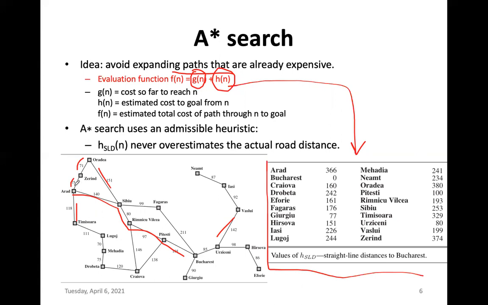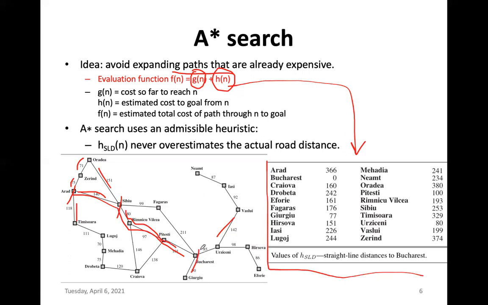So the idea is basically this one. For example, you are going from Arad to Bucharest, and if you have reached from Arad to Sibiu, then this is the actual cost. After Sibiu, if this is the path, then there are actual costs g(n), but we have to go through this node n to Bucharest, which is a goal node.